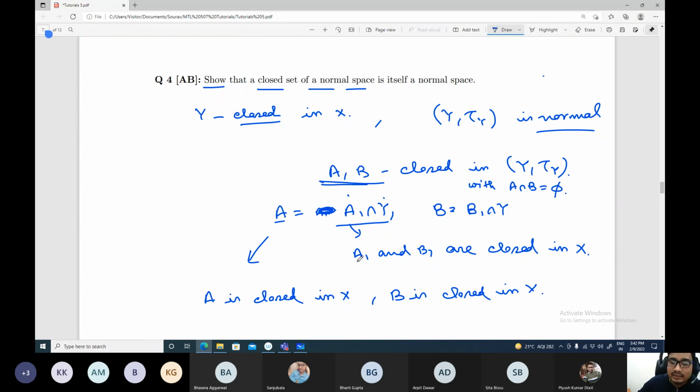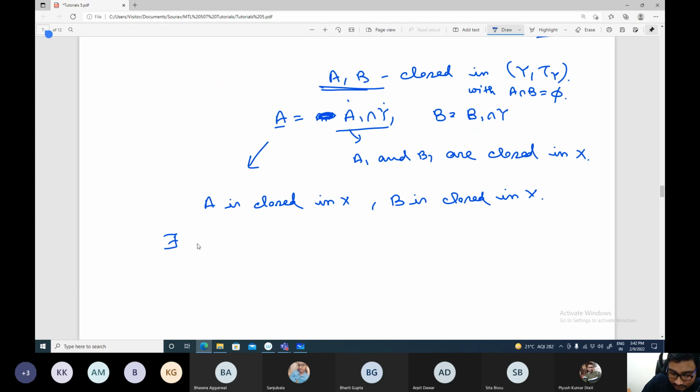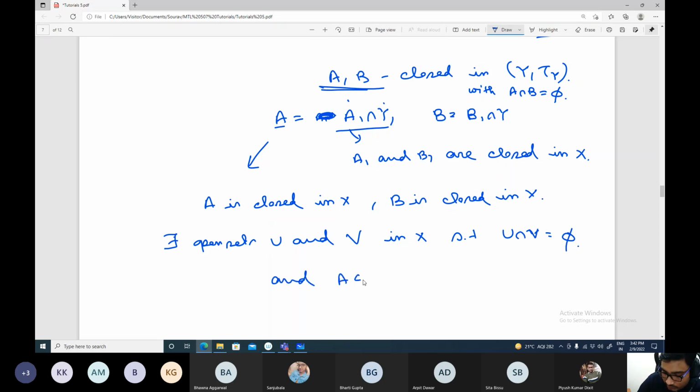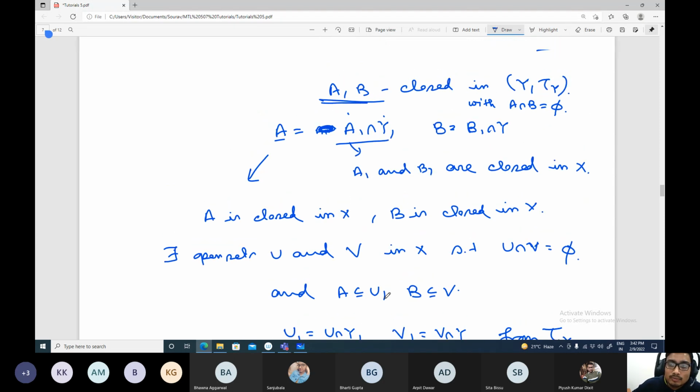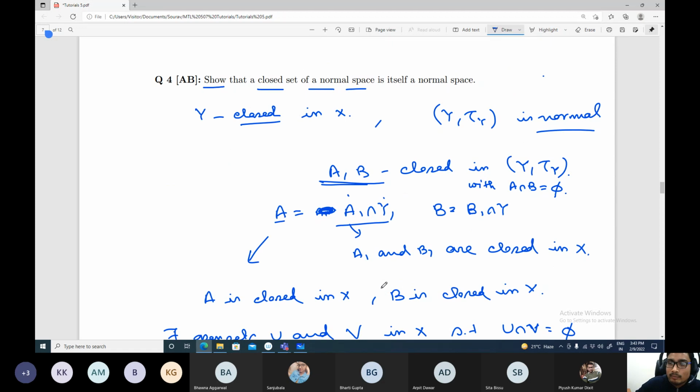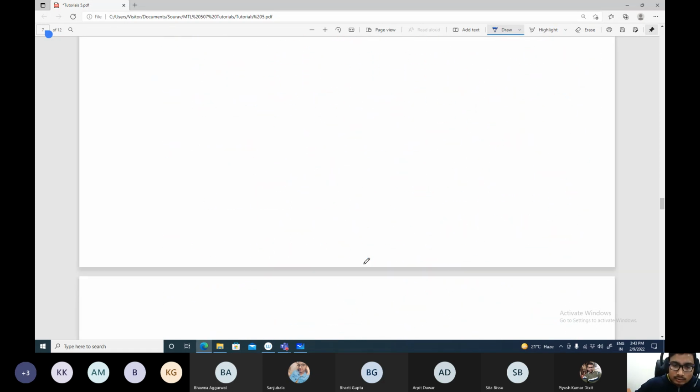Then we can say there exist open sets U and V in X such that U intersection V is empty and A subset of U, B subset of V. Now just take their intersection: take U1 to be U intersection Y and V1 to be V intersection Y. These are open in Y, from tau Y. You have to take tau Y to prove the normality of this space (Y, tau Y). Fine.